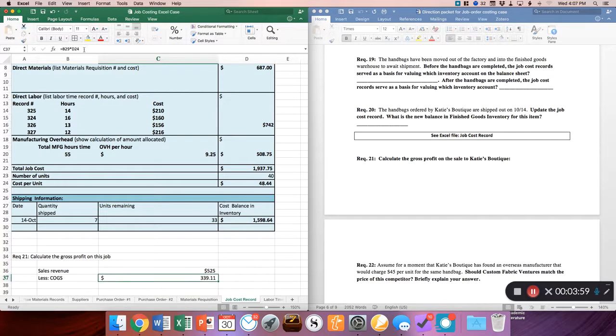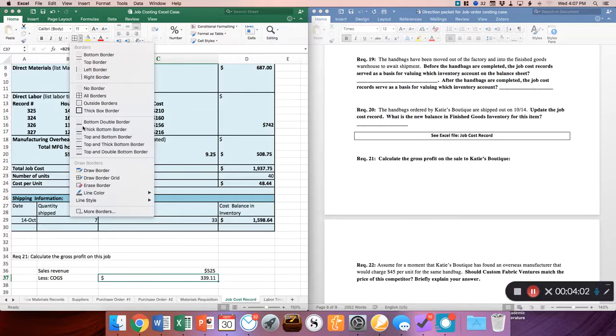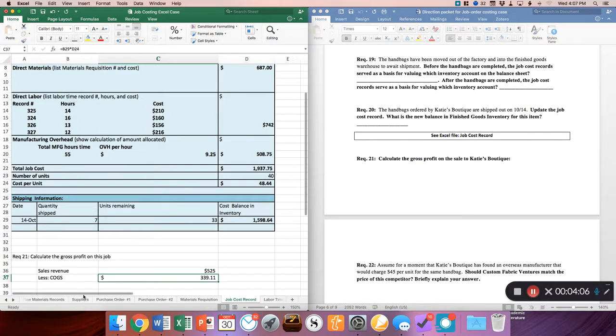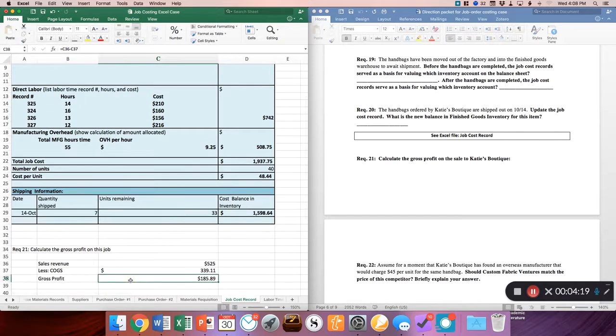So that means that our gross profit is going to be 525 minus 339.11. So it's 185 bucks. Not bad. Not bad for a couple days' work.